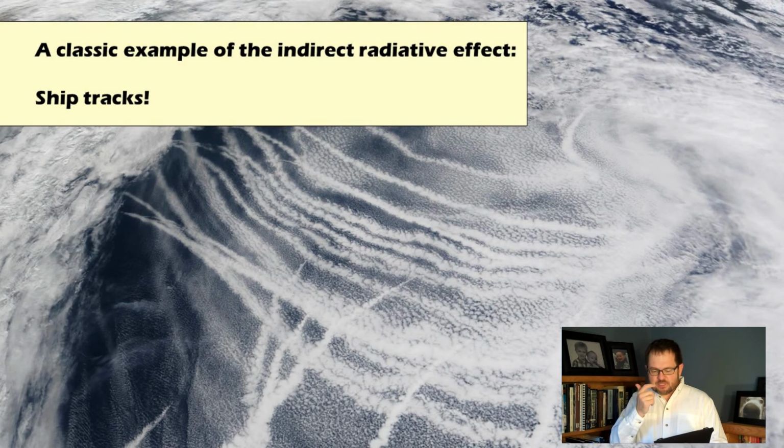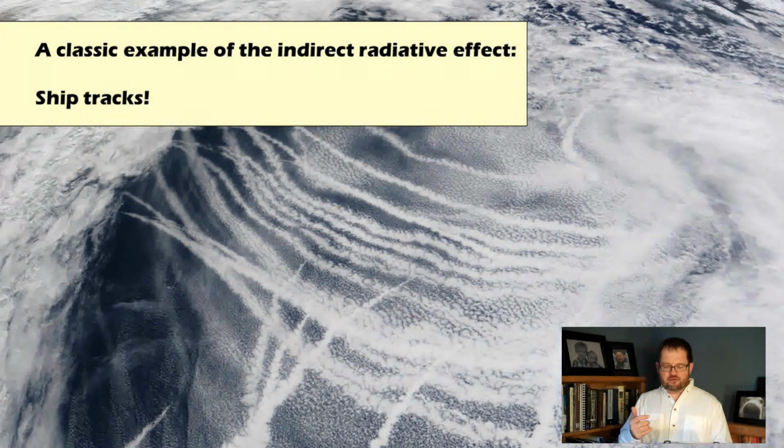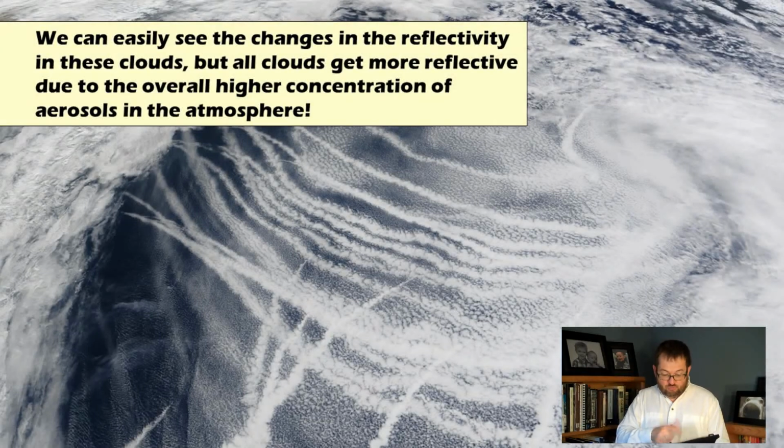Now, the diesel contains sulfur. The sulfate aerosols got up into these clouds and changed them from having a few big drops and a comparatively low albedo to having tons of tiny drops and a much higher albedo. So what you see there, those white lines, that's cloud.